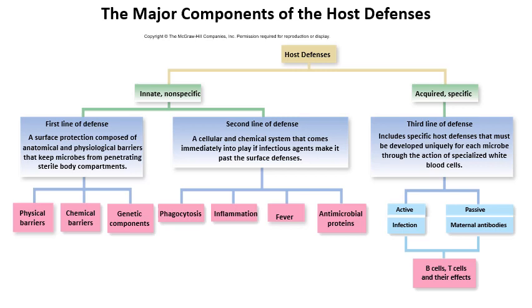Here is another way to look at that and divide it between innate and acquired immunity, or innate and adaptive immunity. In the innate wing of your defense, we can divide that into first line and second line of defense. First line of defense are external barriers to entry.